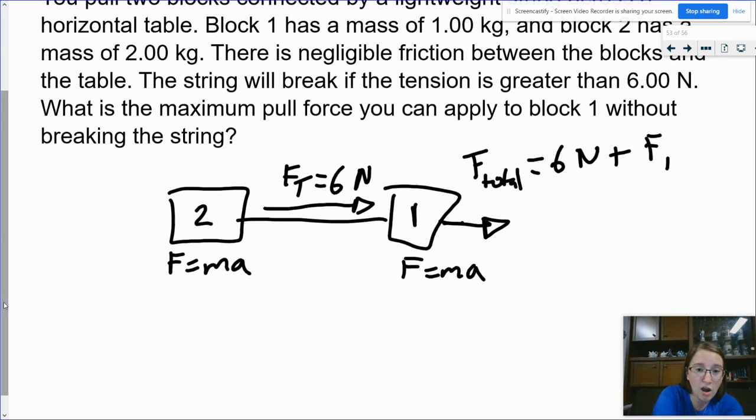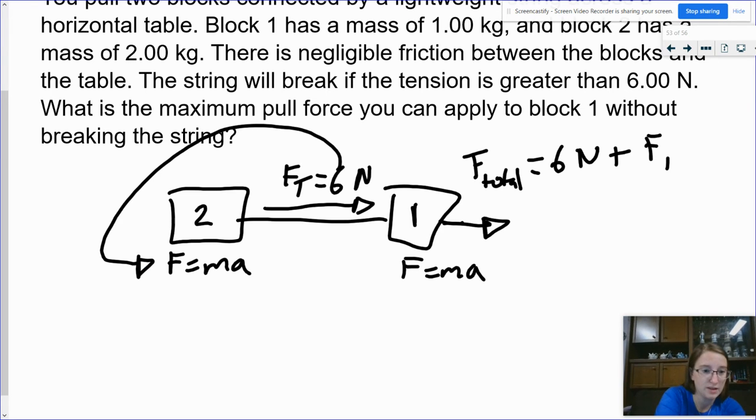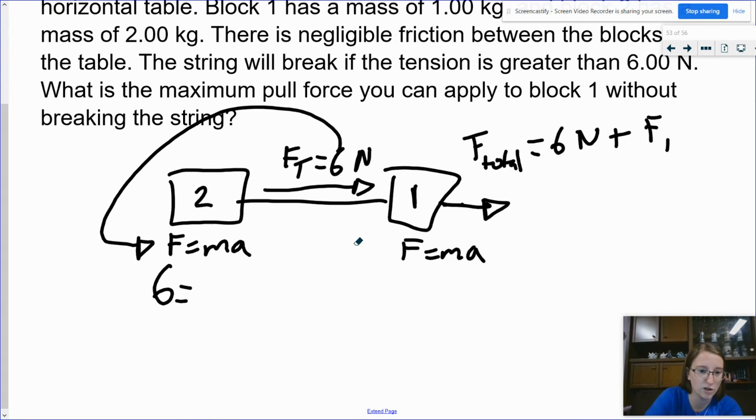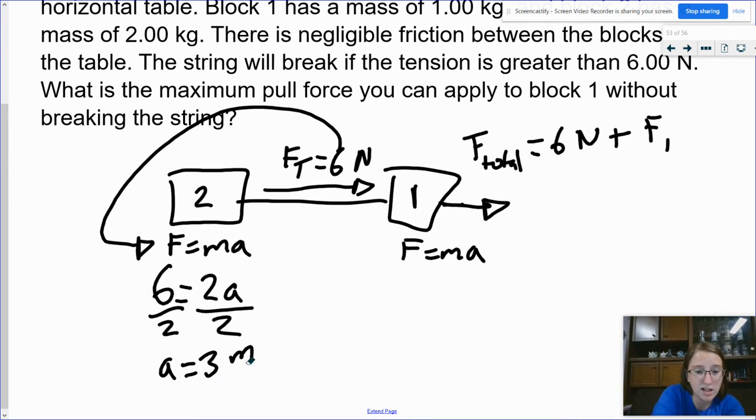So I know the force that block 2 is going to be pulled at. The force of the string is what will pull block 2. Now, block 2 has a mass of 2 kilograms, so we can find how fast it's going. It's going to have an acceleration of 3 meters per second squared.